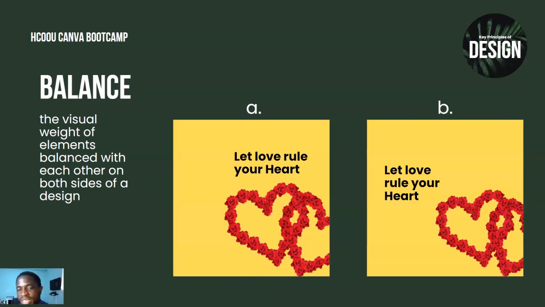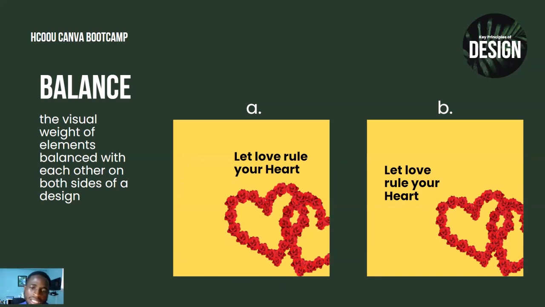Let's say we split it into two. If we look at the first design, we see it is not balanced because there is more weight on one side than the other side. So when you are designing, you should have an imaginary scale in your mind when looking at your artboard.